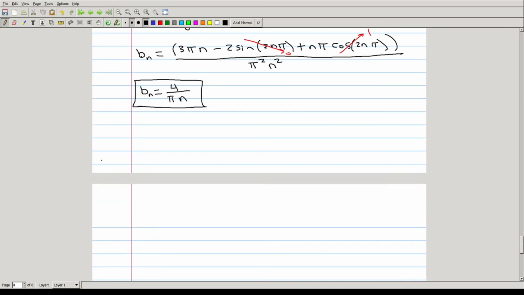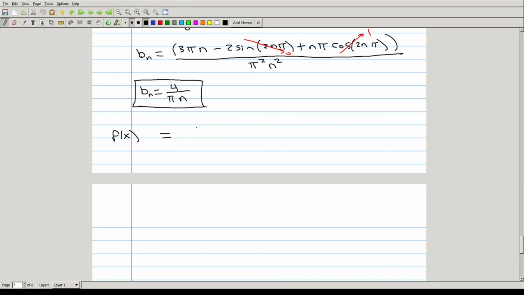So that means that our function f of x, this special sawtooth function that we're looking at, should be equal to the Fourier series.